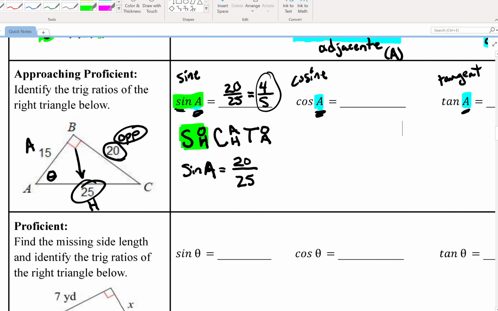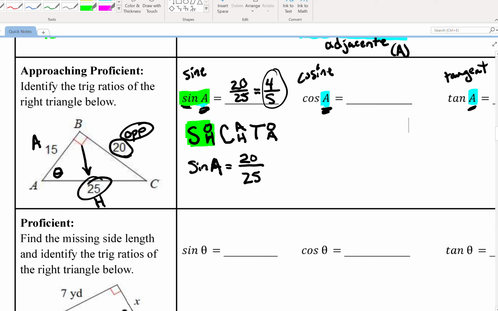The cosine, let's use blue, is A over H. So the cosine of A is the adjacent over the hypotenuse.